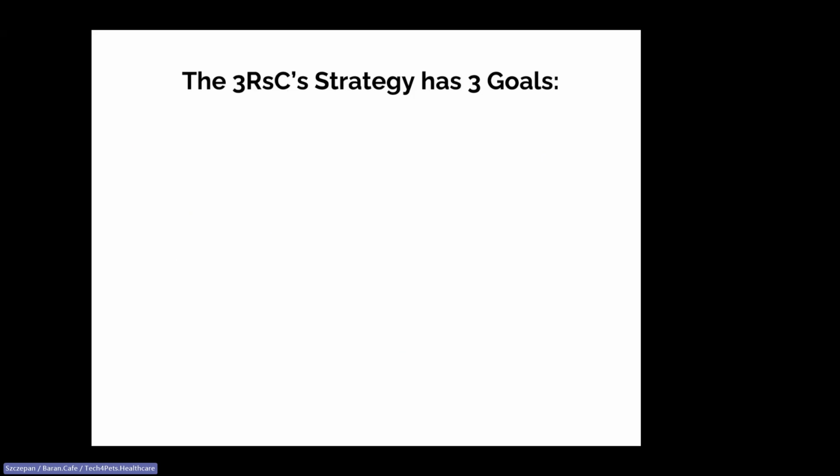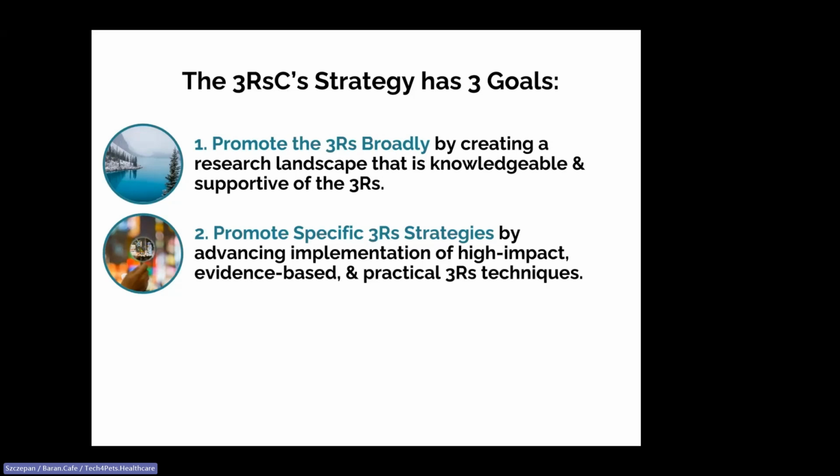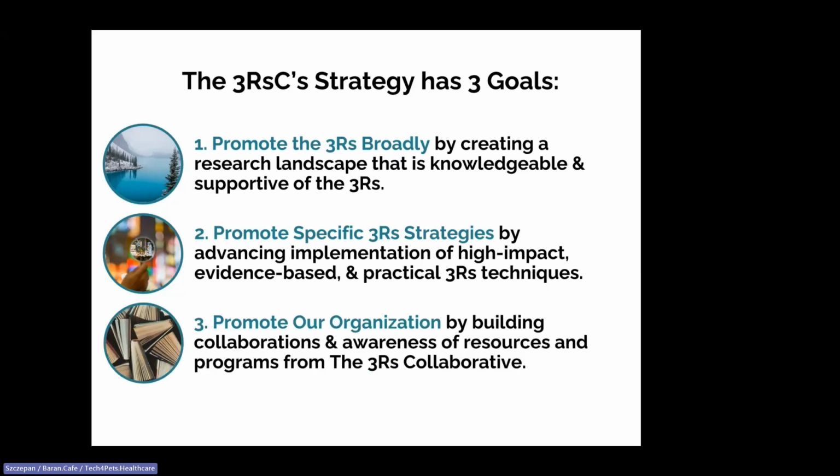So the strategy has really 3 goals: to promote 3 Rs broadly, promote specific 3 R strategies by advancing implementation of high impact, and then also promote our organization by building collaborations and awareness. So also, we're not repeating efforts that maybe other organizations are doing.